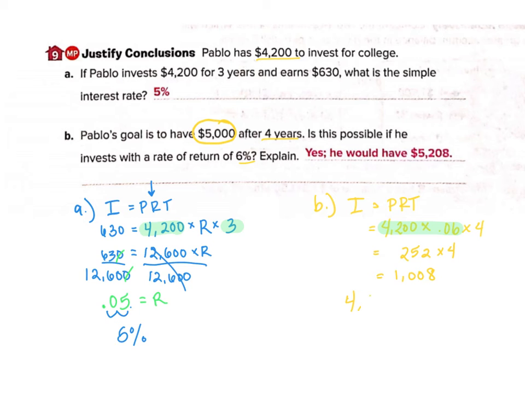So really what he would have, if you add how much he made in interest, he would have $5,208. So yes, if he just invested $4,200 and left it there for 4 years, at the end of 4 years, he would have made $5,000.